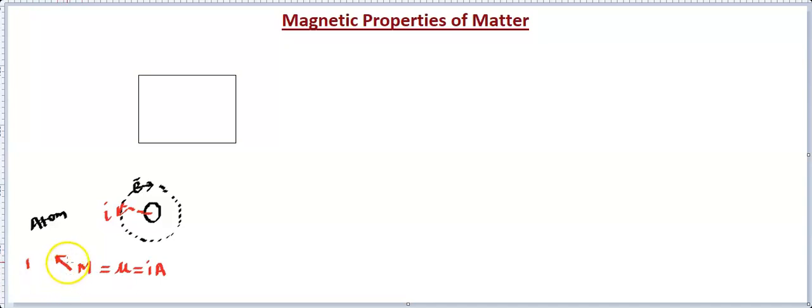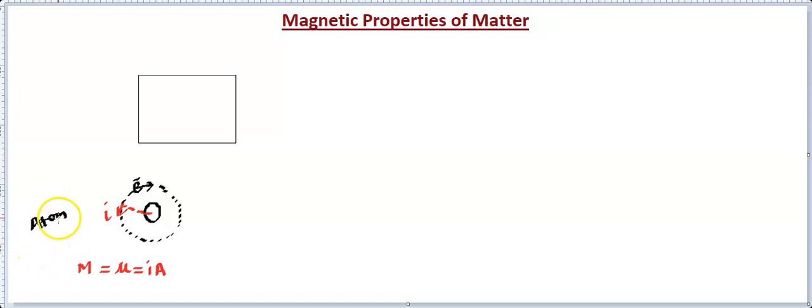That means every atom is a magnetic dipole, and that will have its own magnetic field. So all the substances that we talk about carry their magnetic fields because of each and every atom present in them.